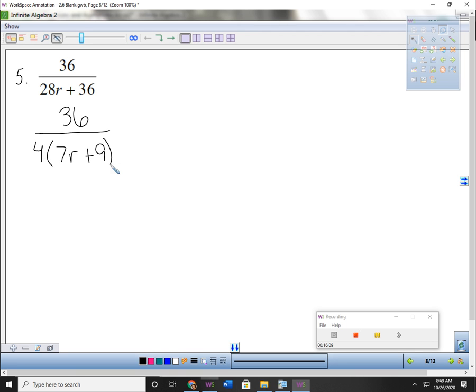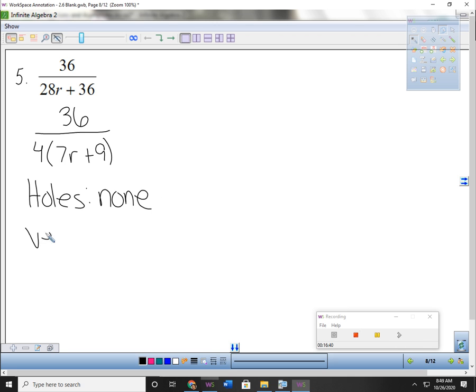So I need to do that just to check to see if I have holes, right? Do I have a common factor between the top and the bottom that has like an x in it? No. Like I could take the 36 and the 4 and divide those, right? But that's not really going to help me, okay? So I don't have any factors with a variable that would cancel. So as far as holes go, I don't have any. So I'm just going to say none.